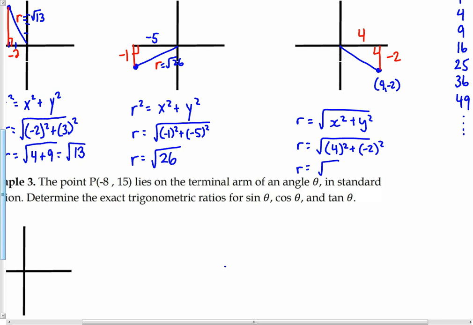What do you get for your radicand? The radicand is the number inside the radical. Okay, 20. Because you have 16 plus 4, right?